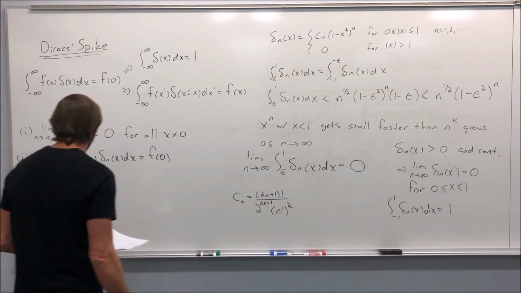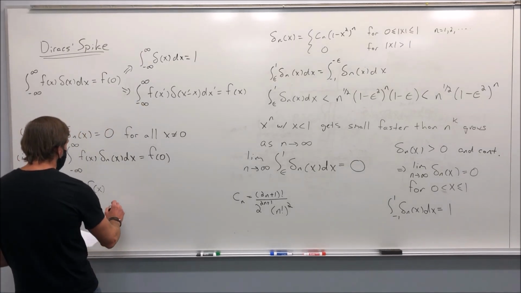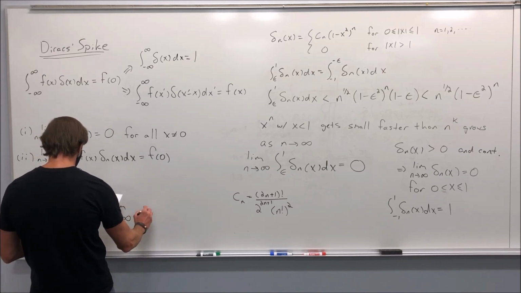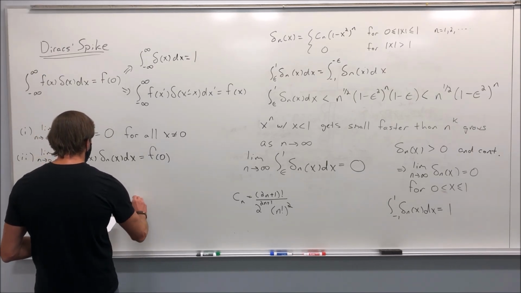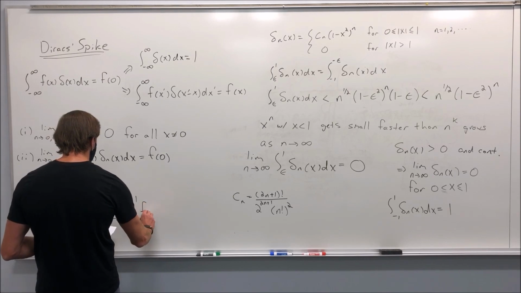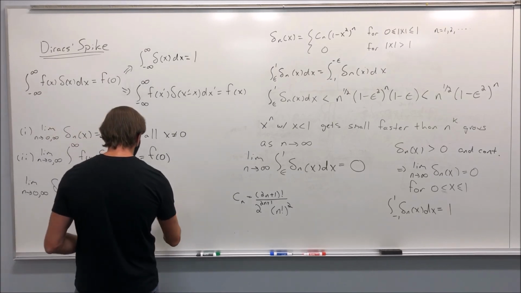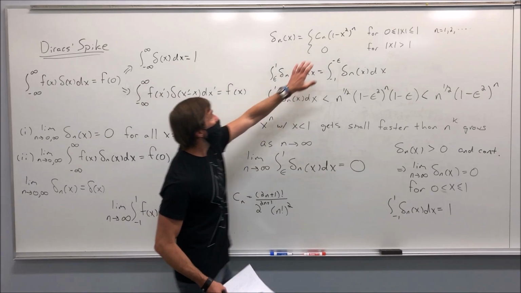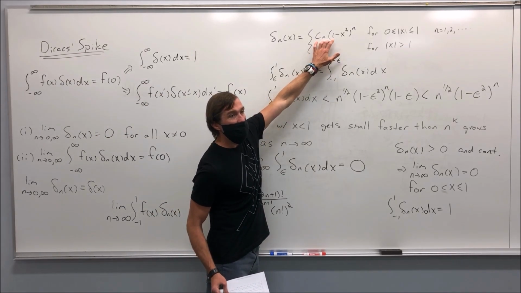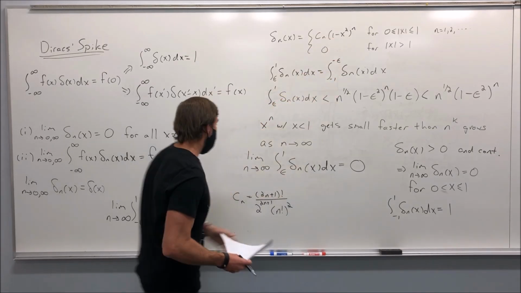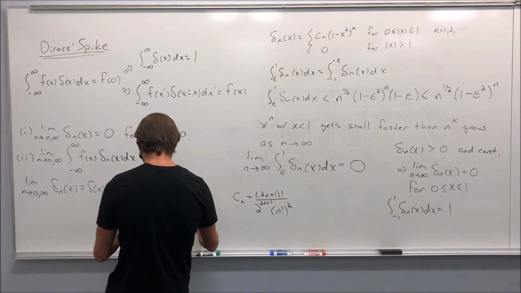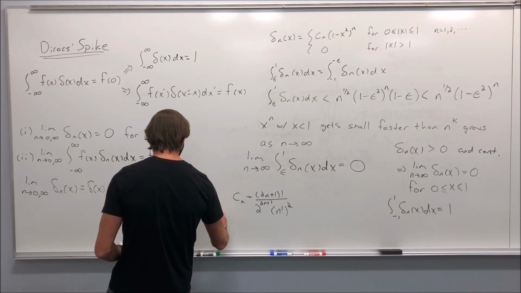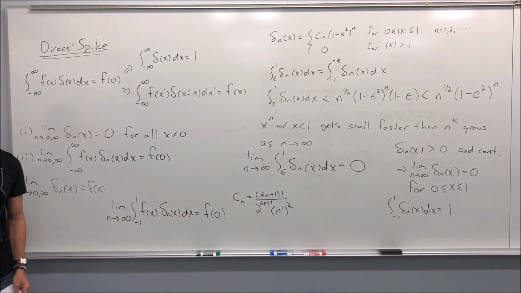So in the end, what we've just demonstrated is that in the limit, as n goes to infinity, the integral from minus 1 to 1 of a function times this set of functions gives me this function evaluated at 0.